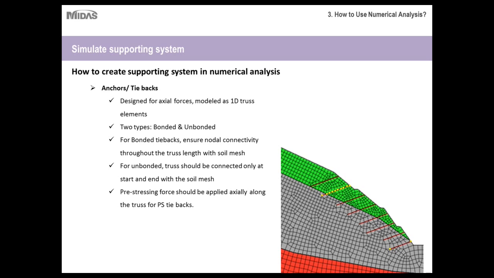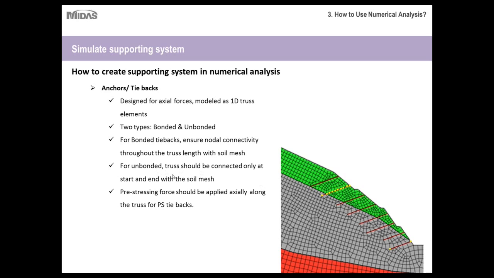If you can see this image here, let's say this is the soil strata and you have these red lines that depict your anchors or tiebacks. If you're dealing with bonded tiebacks, you should ensure the nodal connectivity all throughout the length of these 1D truss members, so that the soil mesh is connected to your tieback mesh.